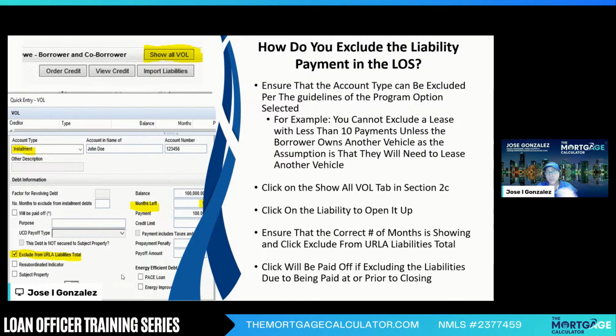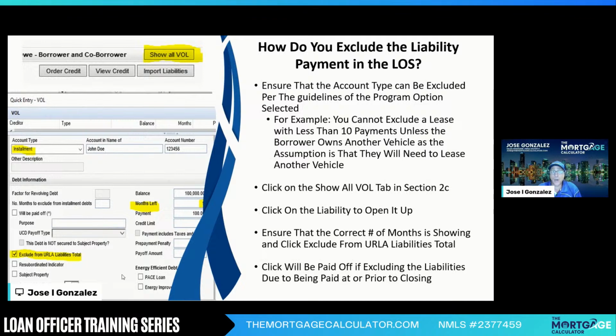If I'm excluding it because the borrower says, hey Jose, I already paid that off, it should be showing zero balance and no payment, then you would provide the proof of the payment, a credit supplement where they updated the balance to zero. If it's being excluded because of one of the many other reasons that we mentioned, which we're going to get into shortly in the next couple of slides, then you would provide the documentation for the reason chosen for the exclusion.